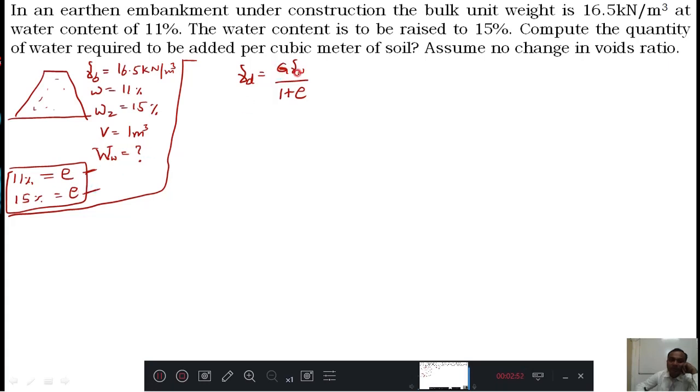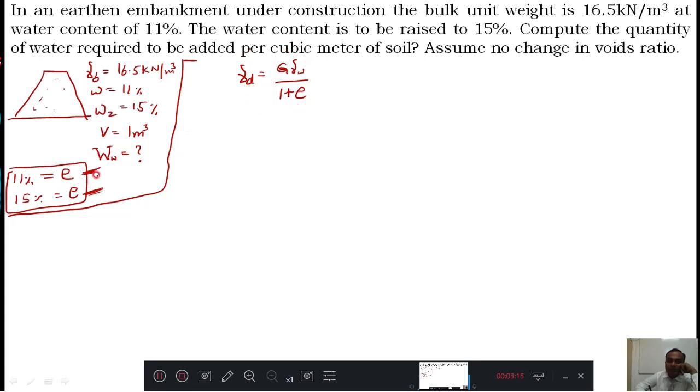Gamma W is always constant, whatever the condition. One is a constant, and e, they said it is constant. Actually it is not constant, but in the problem they said the void ratio is not changed. So everything is constant, and gamma D is also constant.